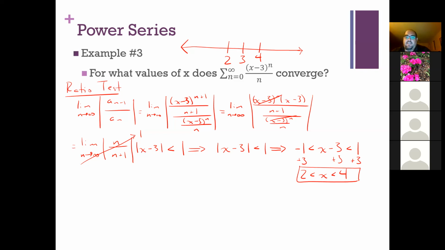So remember that the ratio test, if the limit's equal to 1, you don't really get a conclusion. So we know that if x is bigger than 2 and less than 4, we're going to converge. But what we don't know is what happens when x equals 2.